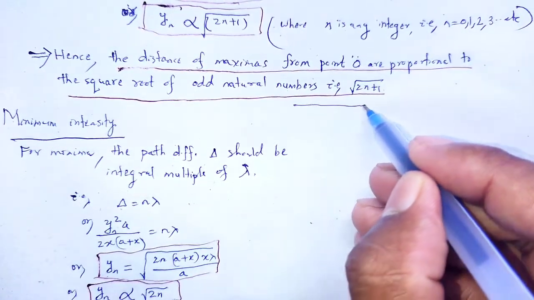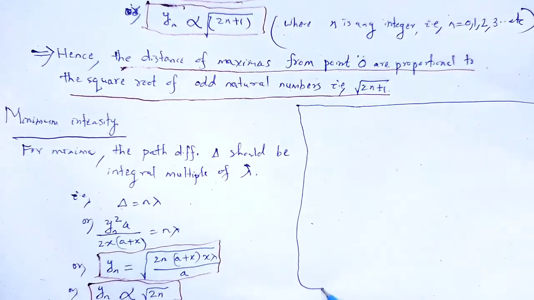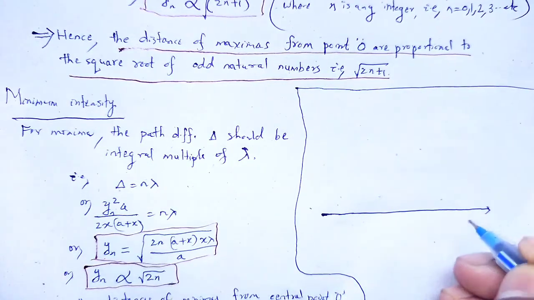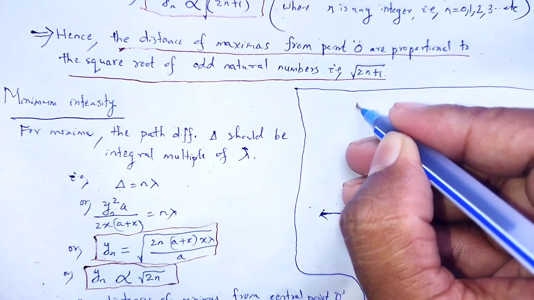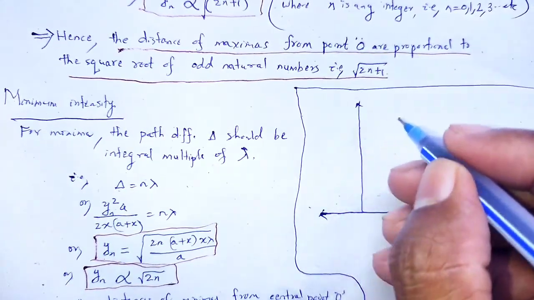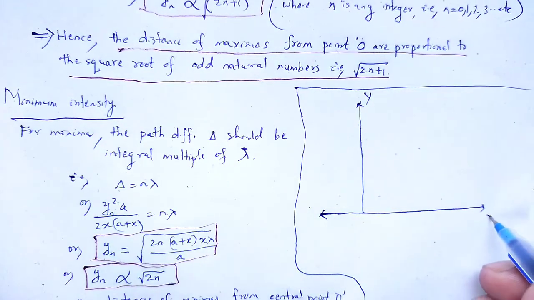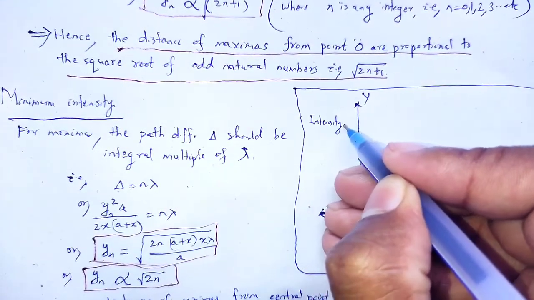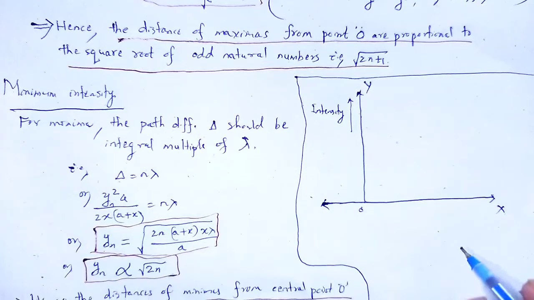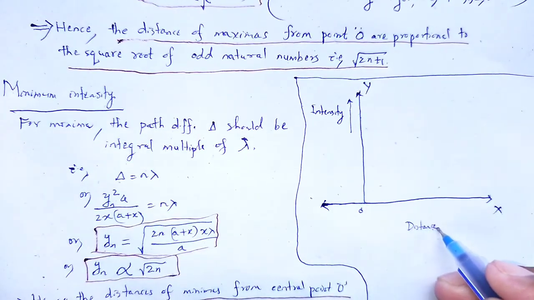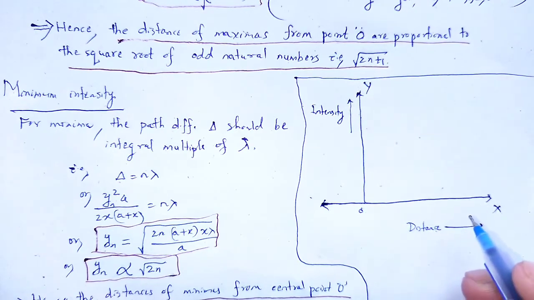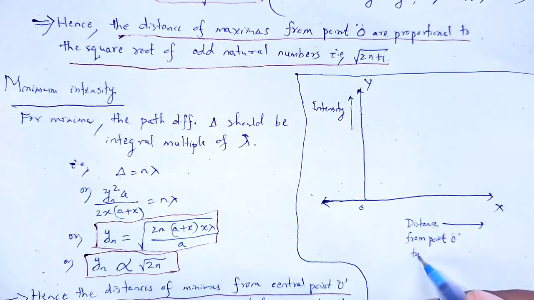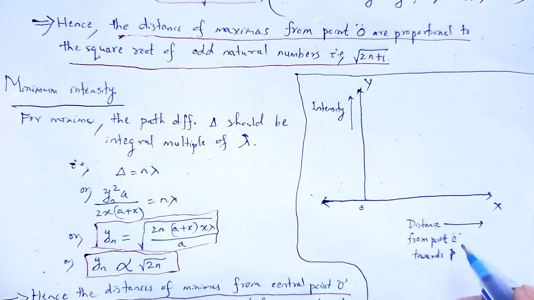So, if we draw a graph of intensity distribution, we plot intensity along the y axis and distance from point O towards P along the x axis.